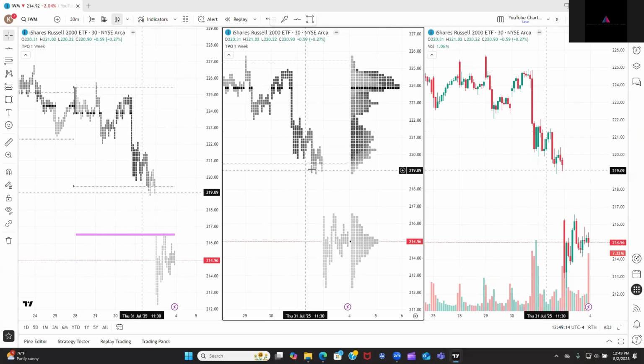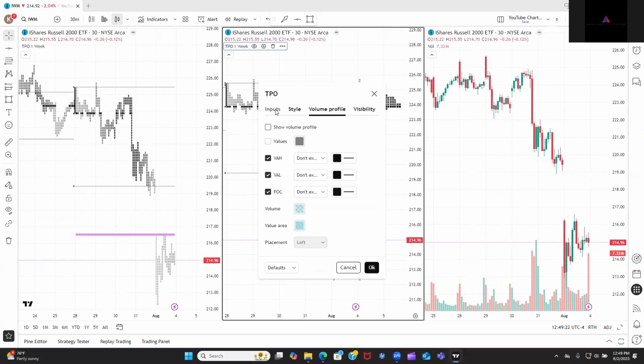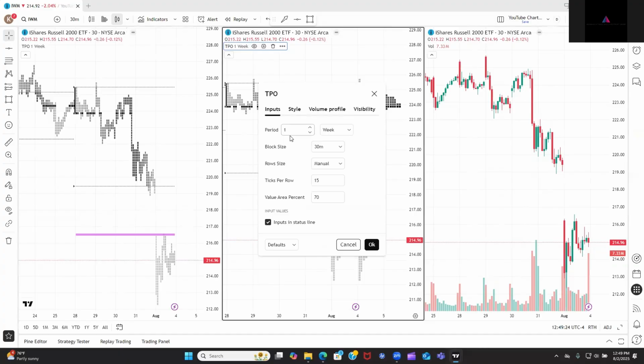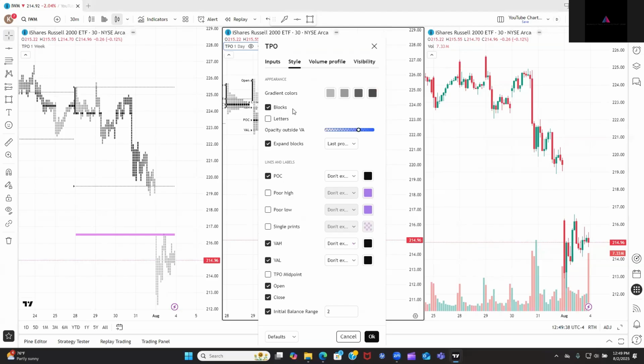So we're going to change that first. It looks like it popped up as a week. So let's go ahead and change that to a day. Go to the settings, input, and we're going to change it from a week to a day. Okay. And I believe that is all we need. Manual, 15, 70%. Yep. So let's go ahead and go to style.